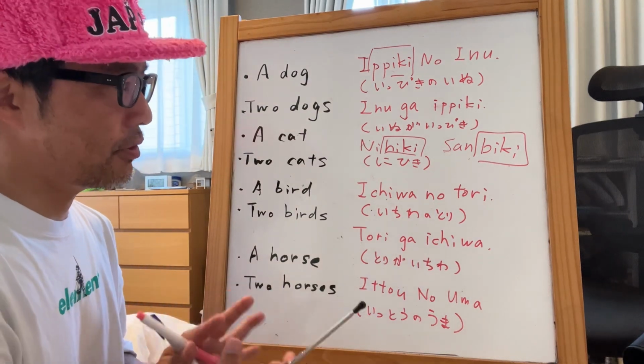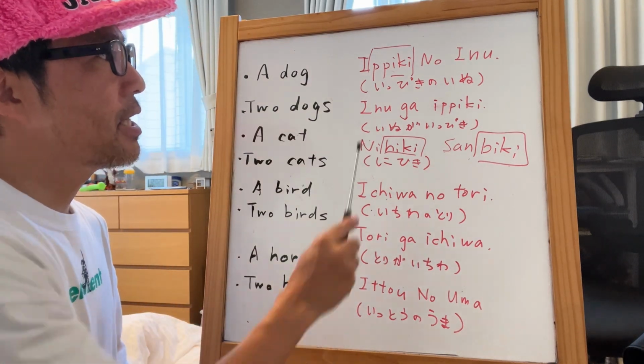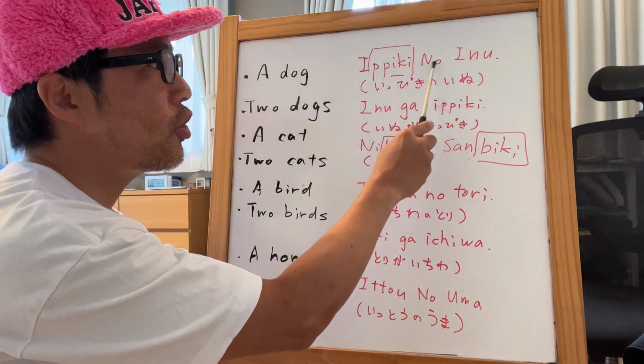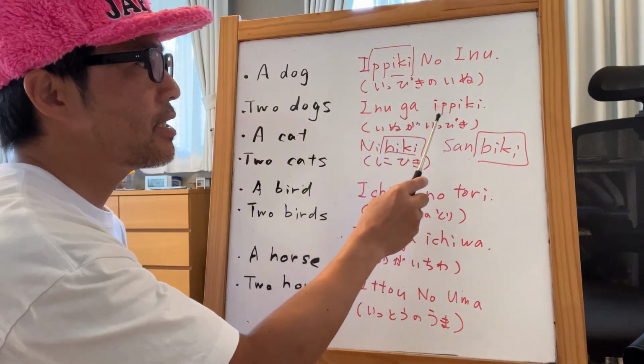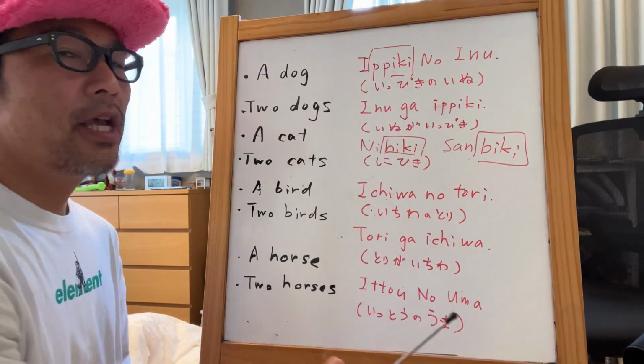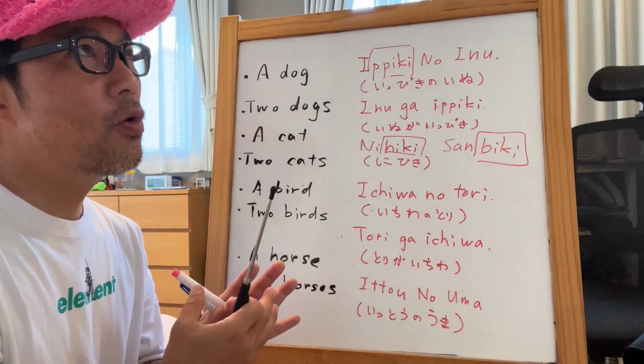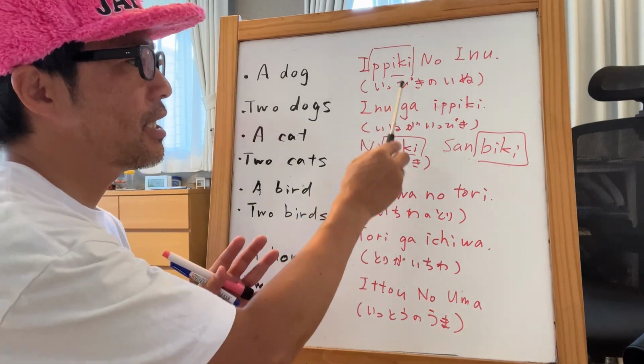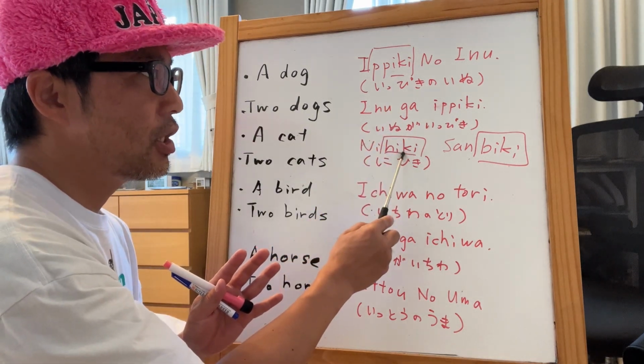さんびきのいぬ. さんびきのいぬがいます。さんびきの犬。犬が3匹います。And four dogs, 4匹、5匹、6匹.